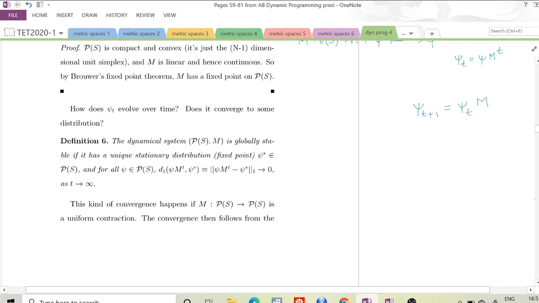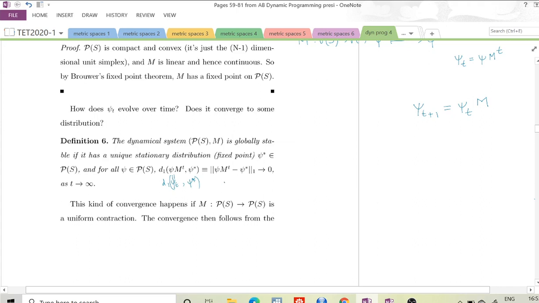So regarding this as a function, this dynamical system is globally stable by definition, or it's maybe better to say globally asymptotically stable, if it has a unique stationary distribution, a unique fixed point C star, and no matter at what distribution C we start, the distance between Ct and C star goes to 0.